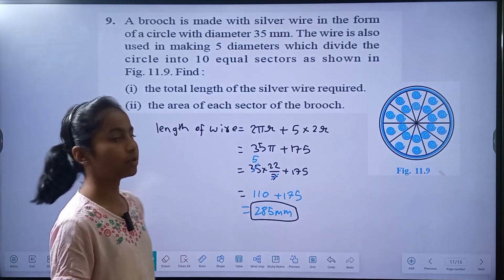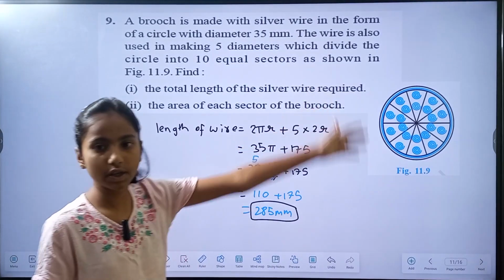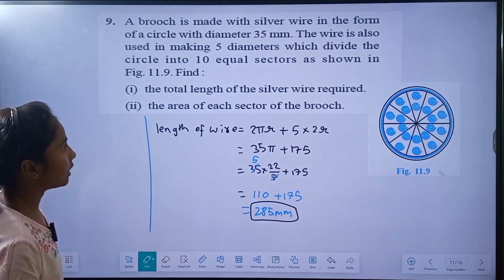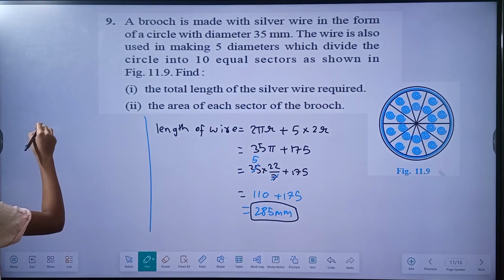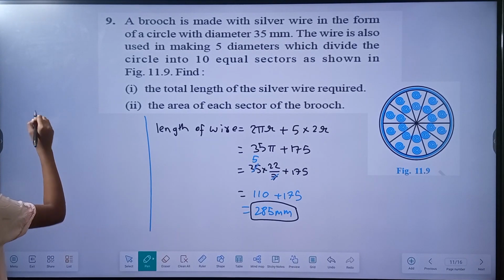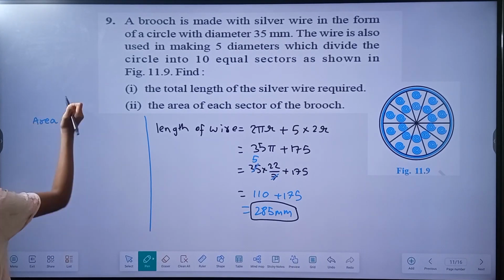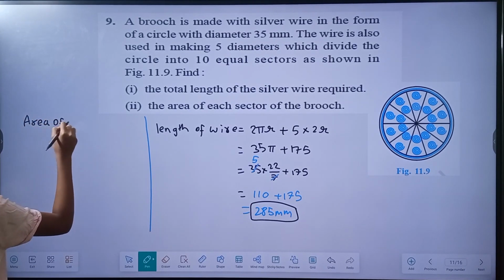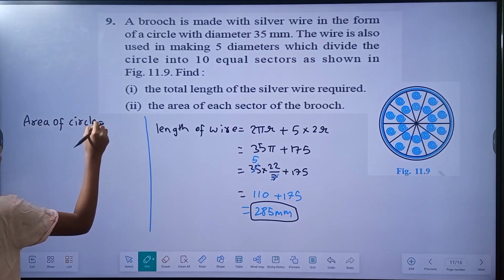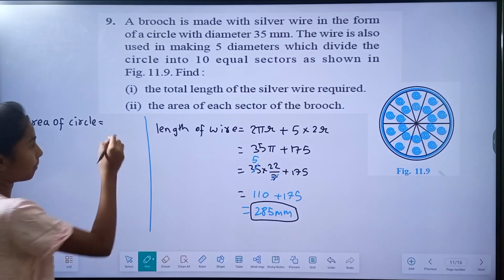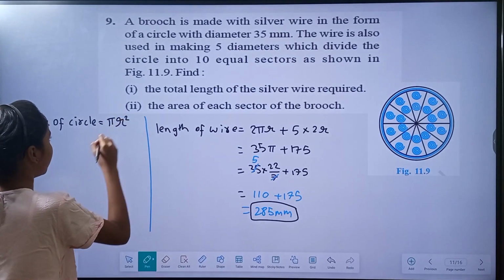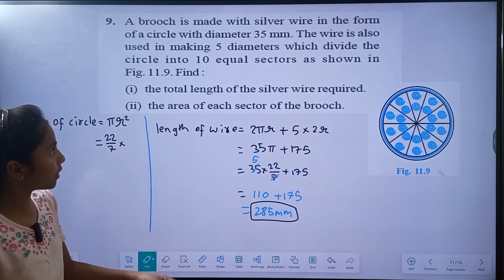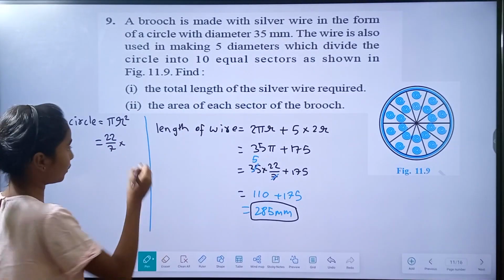Area of each of the sector of the brooch. Okay, there are 10 sectors and we know the circle area. Area of circle equals pi r square, which is equal to 22 by 7 into, if diameter is 35, then radius is 35 by 2.